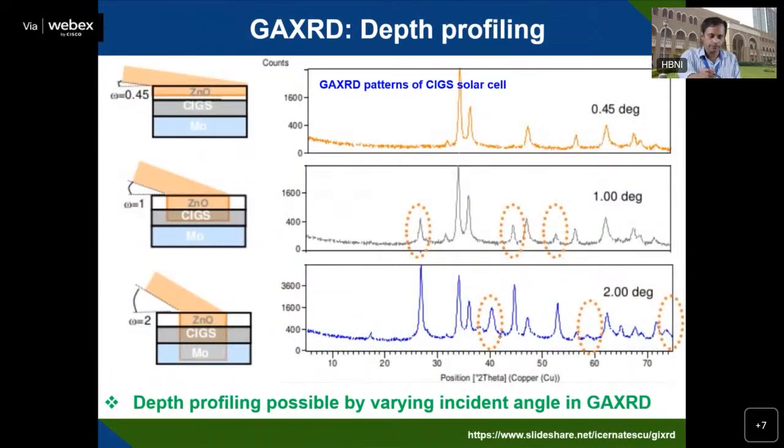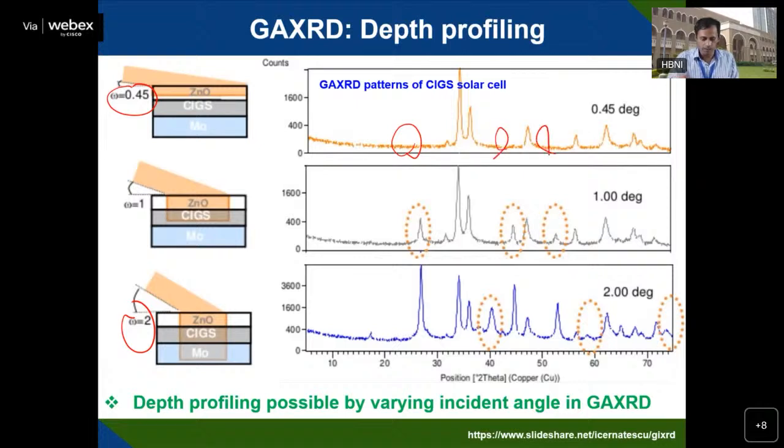You can see here a thin layer structure of molybdenum, then a CIGS solar thin film, and on the surface you have ZnO. By varying the grazing angle from 0.25 to 1 to 2, you can see how the information is coming. At 0.25, for that CIGS solar film, some additional peaks are missing.